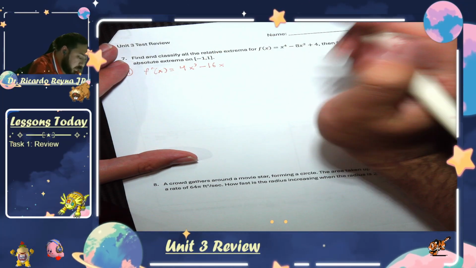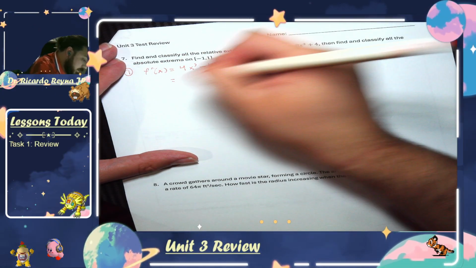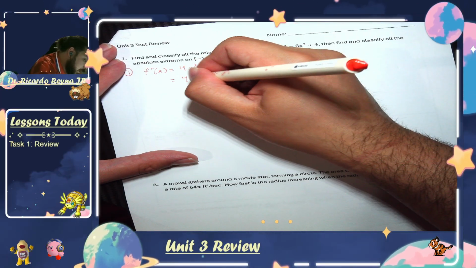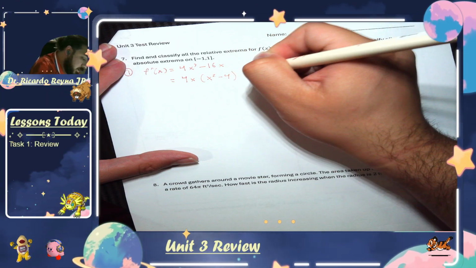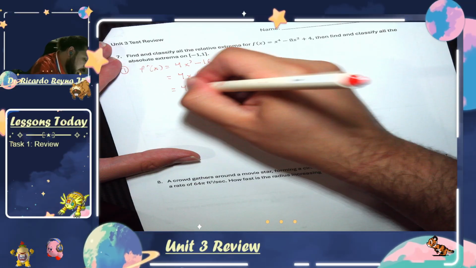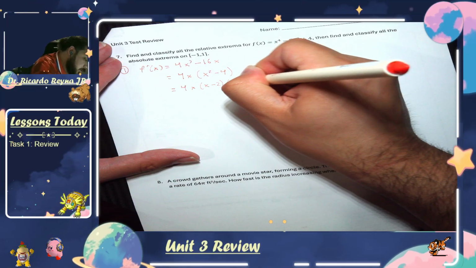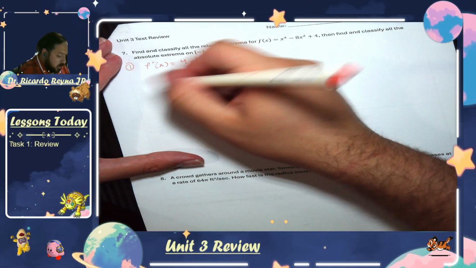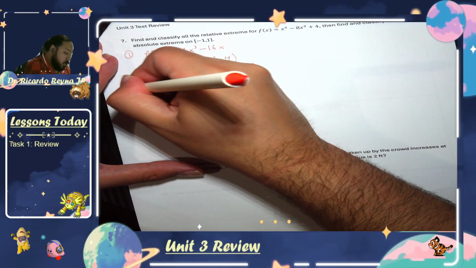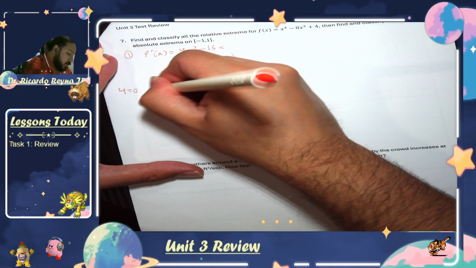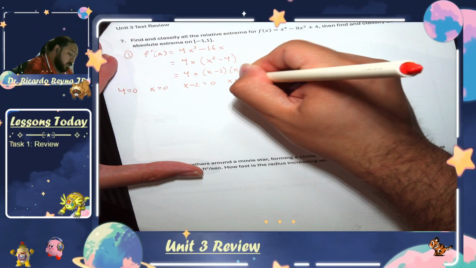Before I set it equal to 0, I can factor out 4 and an x to get x squared minus 4. Then I can use difference of squares to get x minus 2, x plus 2. When you set this whole thing equal to 0, you'll have 4 is equal to 0, x is equal to 0, x minus 2 is equal to 0, and x plus 2 is equal to 0.